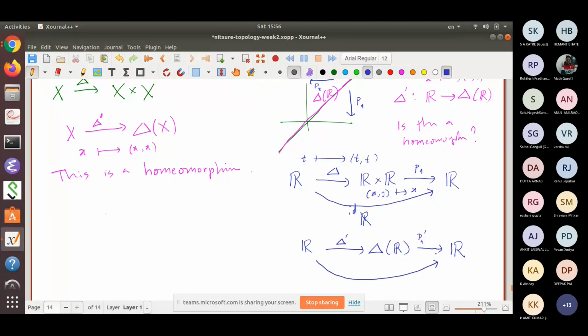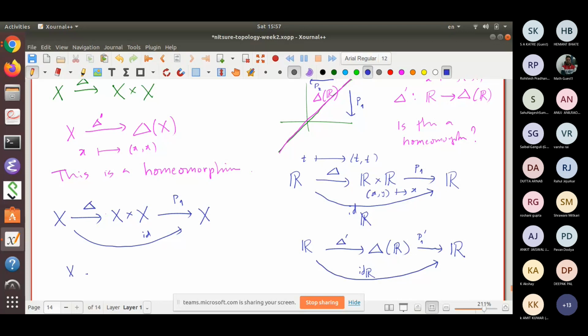So what is this composite, Himanshu? Yes, sir. So this will be the identity. Correct. So now when I have x going to x cross x, this is the diagonal map, and this is the projection P1. This composite is identity.